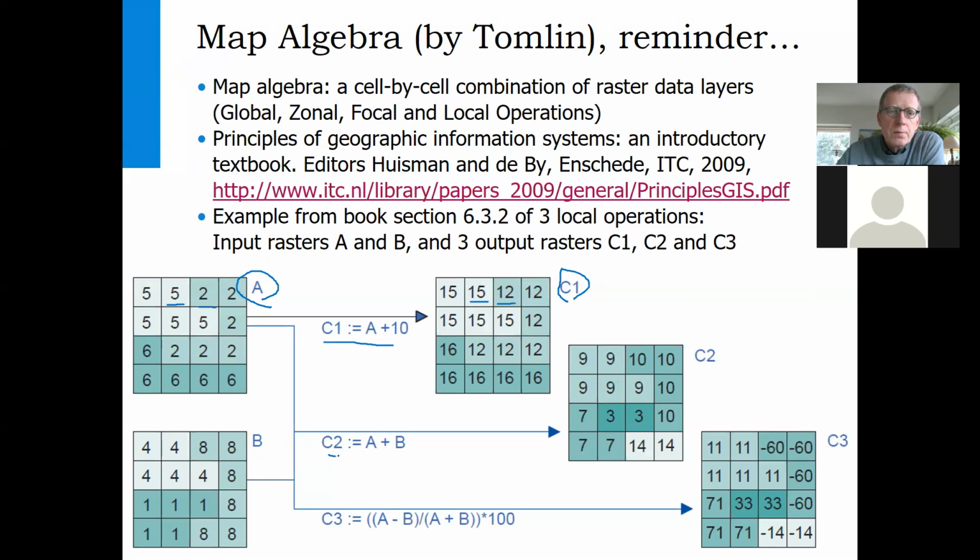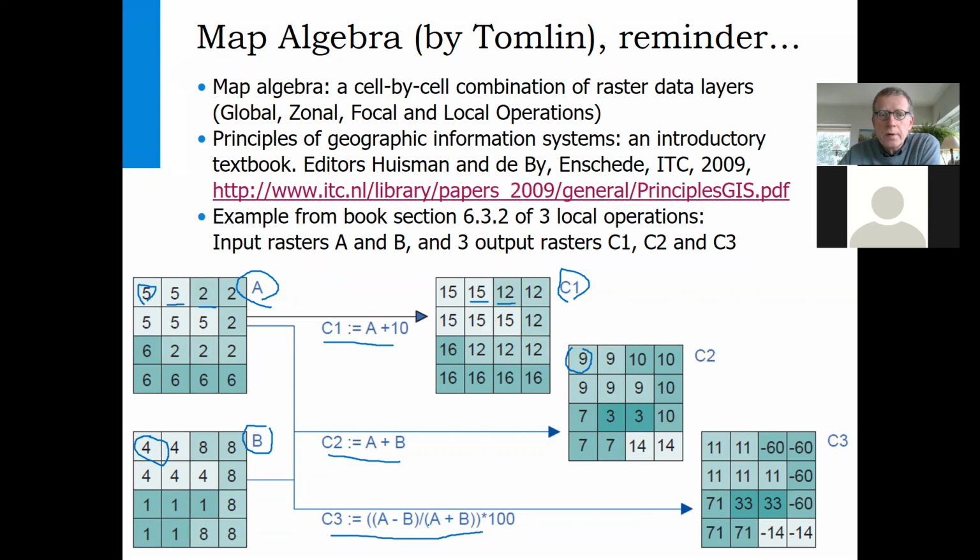Here is another map algebra expression. C2 is adding raster A plus B. This is raster A, and this is raster B. And at cell level, I do an addition. So 5 and 4, that gives you the 9 over here. And that is done for all values. And C3 is another example, a bit more tricky computation.